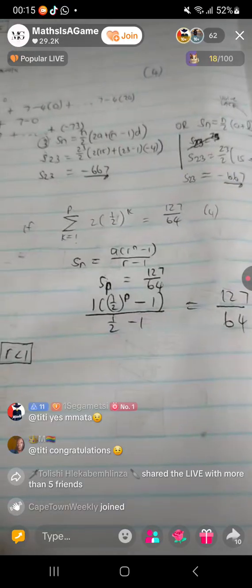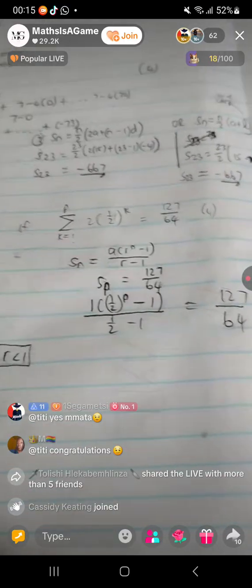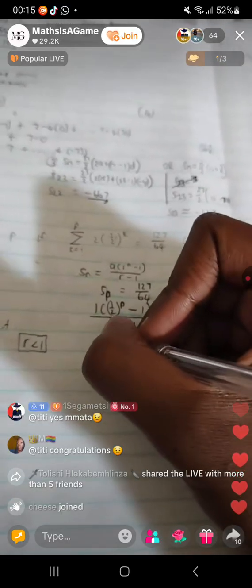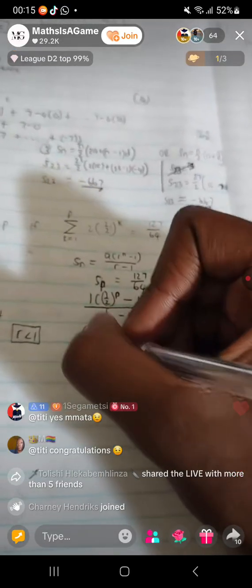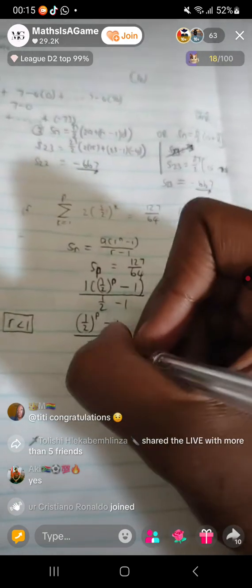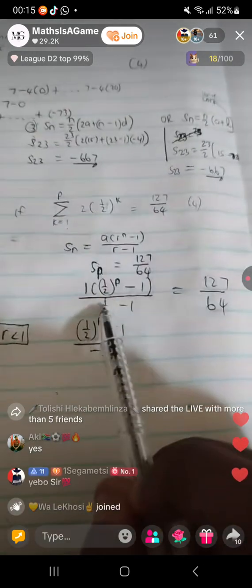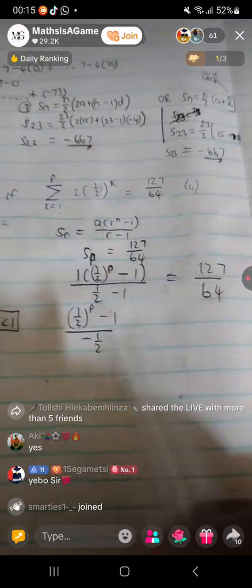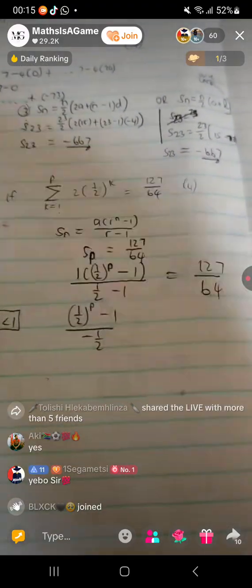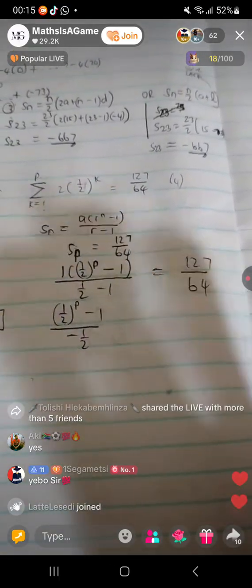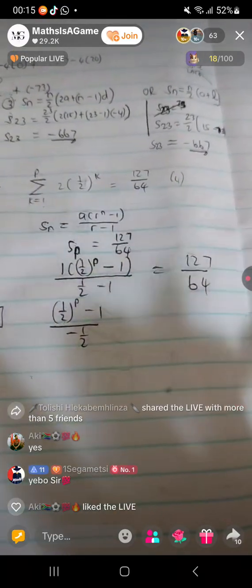Okay, so far are we good, guys? Then we have half to the power p minus 1 over negative half, because half minus 1 is equal to negative half, guys. Do you see that? Hope that is clear as well to all of us.